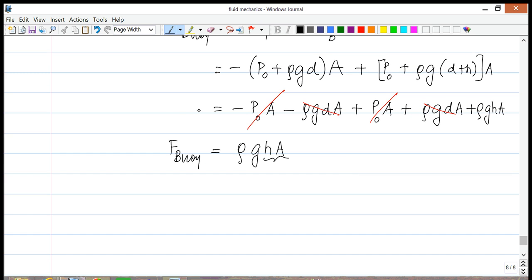Now what is HA? You guessed it right, it's nothing but the volume of the solid, the volume of whatever part is submerged.